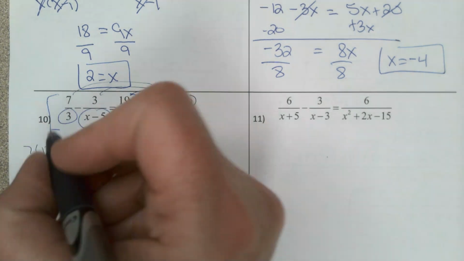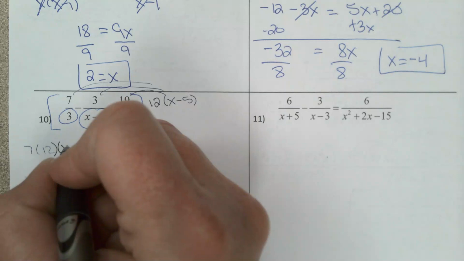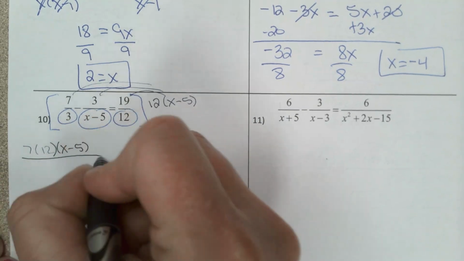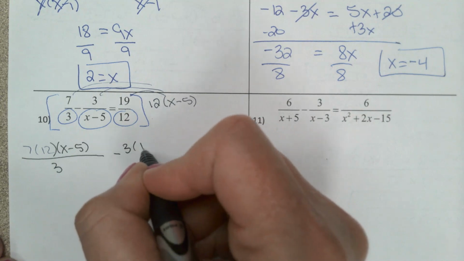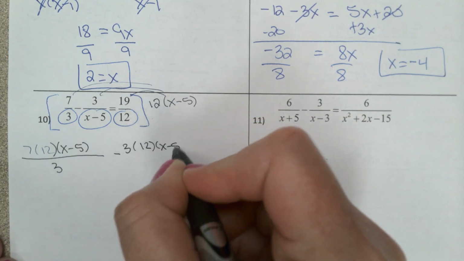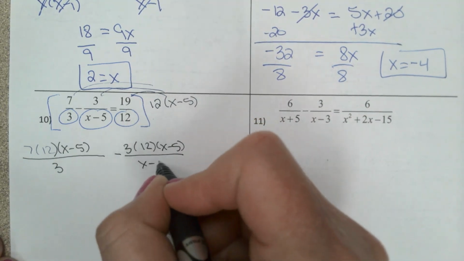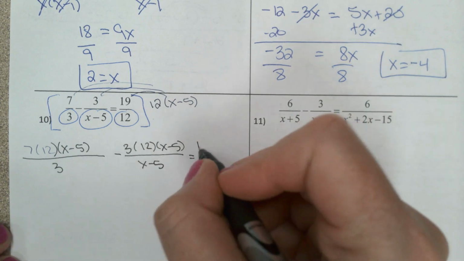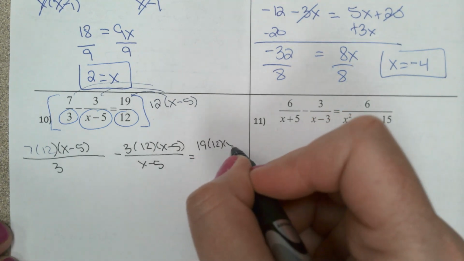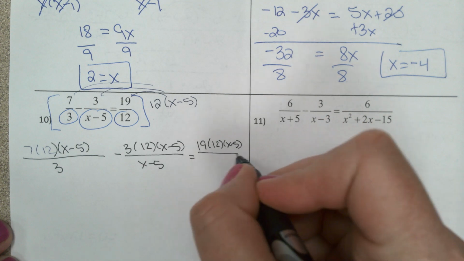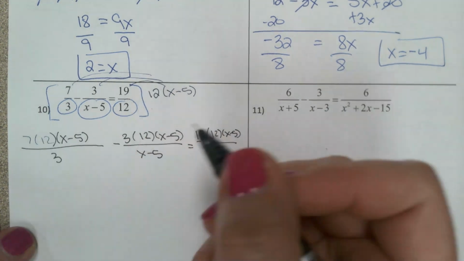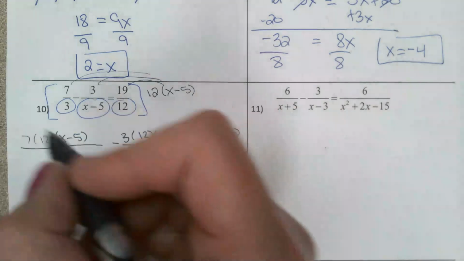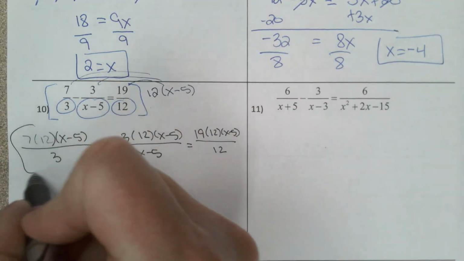All right, so I have 12 times (x minus 5) over 3, minus 3 times 12 times (x minus 5) over (x minus 5), equals 19 times 12 times (x minus 5) over 12. Now I'm going to reduce or cancel out my numerators and denominators from each section.